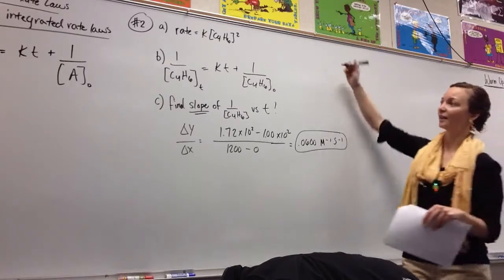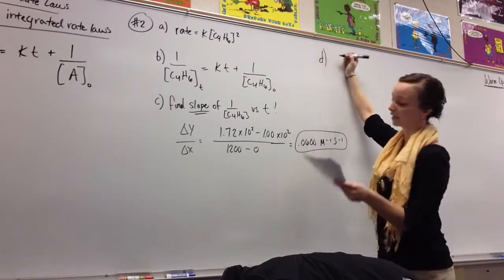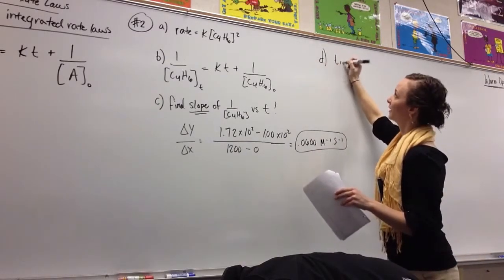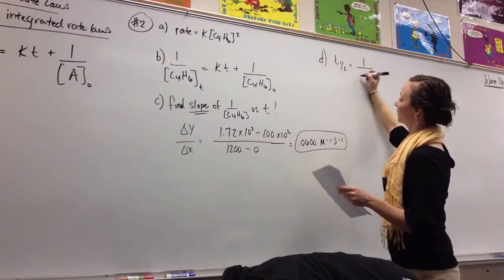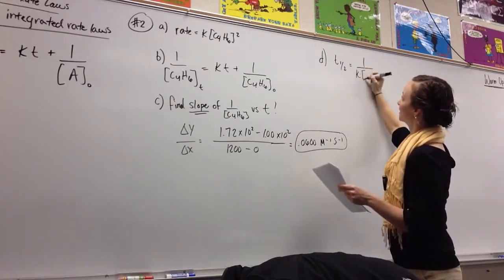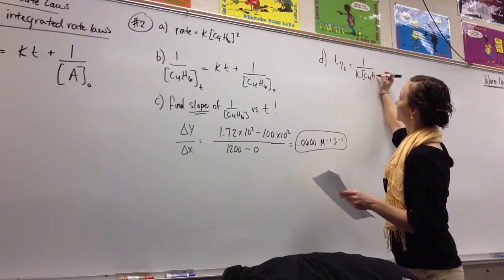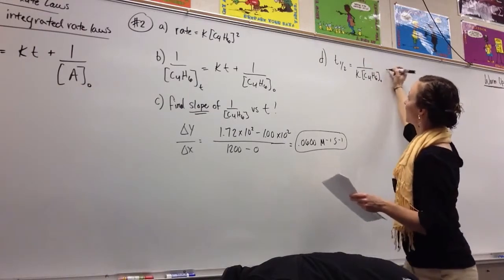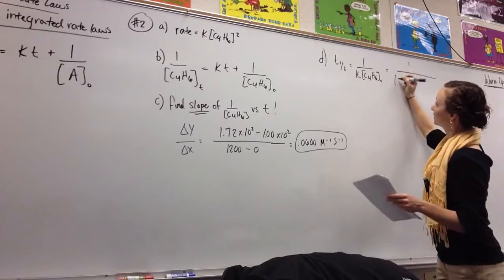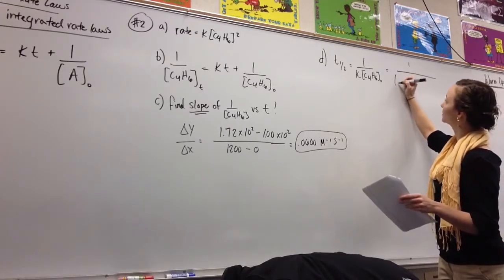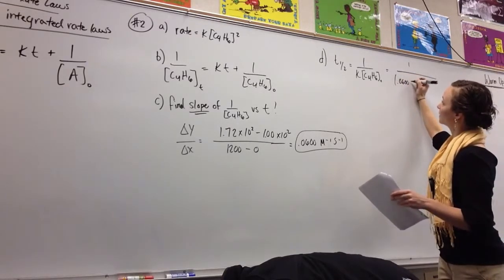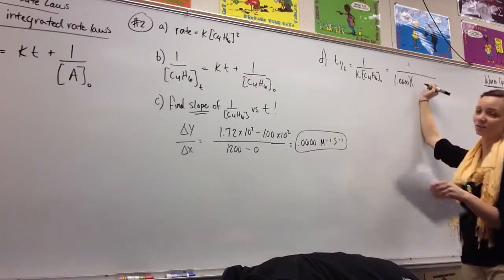Okay. And then lastly for D, guys, the half-life, t 1/2 equals 1 over k times the initial concentration of C4H6. So knowing that, we just plug it in. So our k was 0.0600 times the initial concentration was given to you.